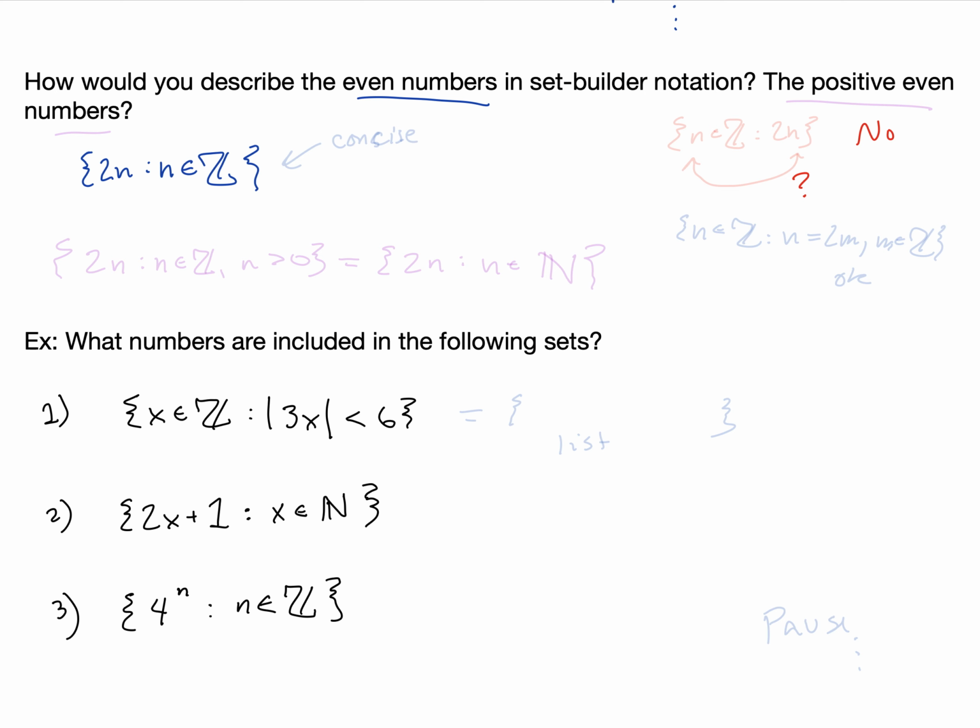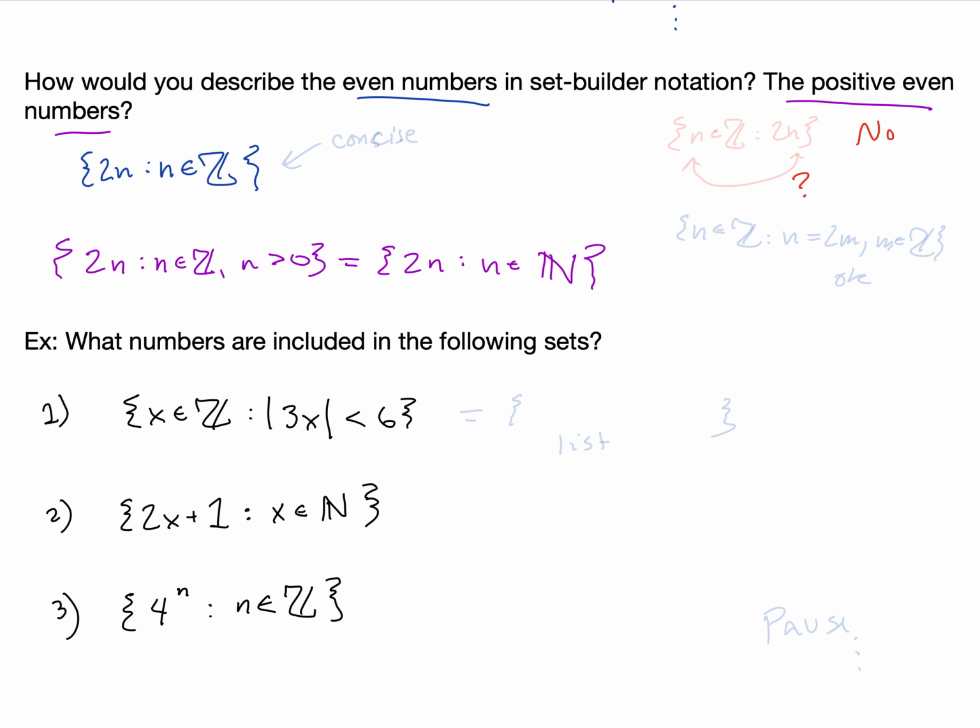One way is 2n such that n is an element of the integers and n is greater than 0. Another way we could write that same set is 2n such that n is an element of the natural numbers, because remember that the natural numbers N is all positive integers, whereas Z is the set of all positive and negative integers as well as 0.